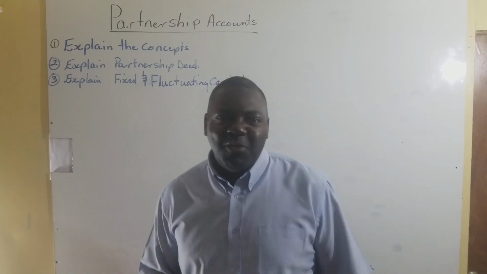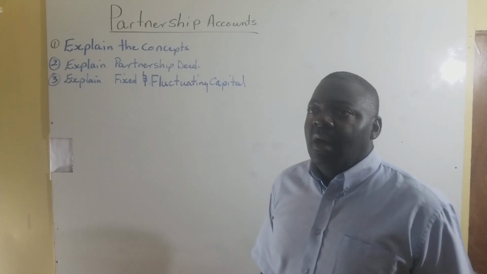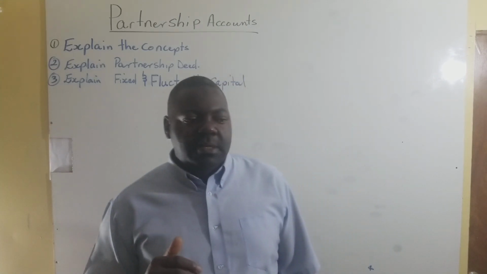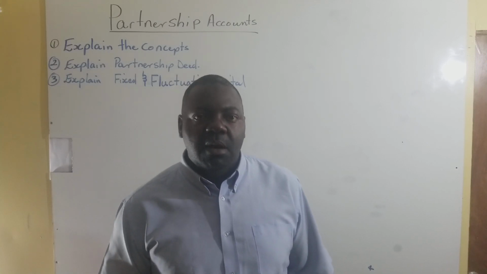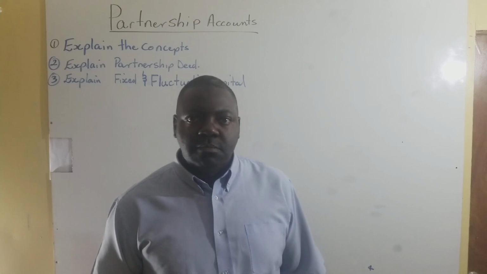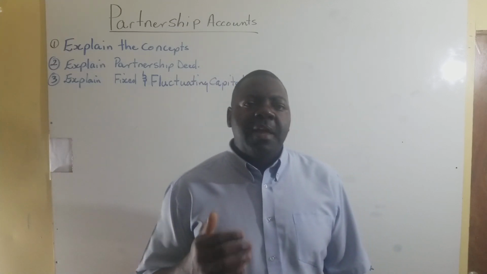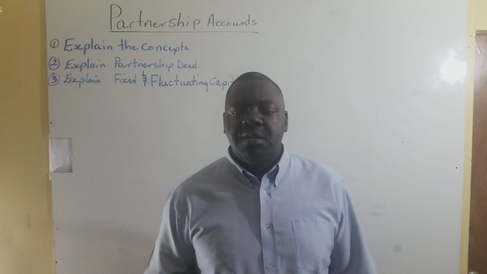And so let's get on with business. Partnership accounting. We have been spending our time looking at accounts relating to the sole trader or the sole proprietor, and the final accounts relating to the income statement and balance sheet.